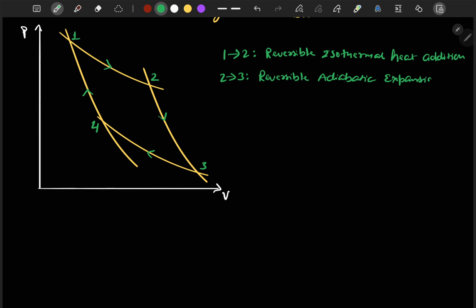Process 3 to 4 is called reversible isothermal heat rejection, and then process 4 to 1 is known as reversible adiabatic compression.